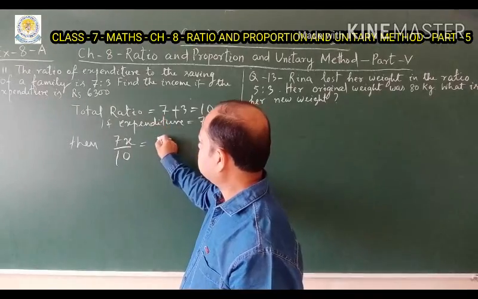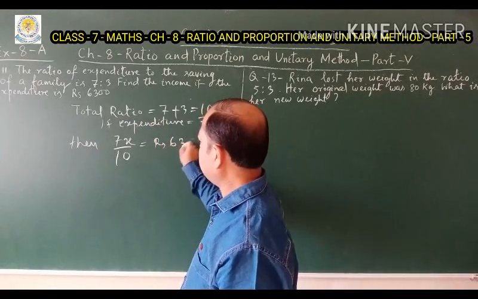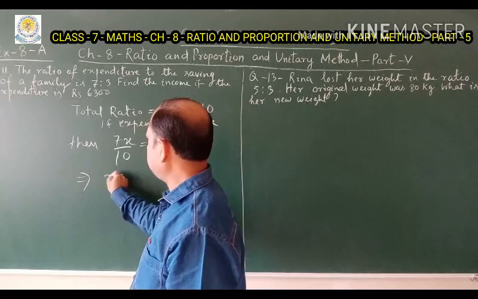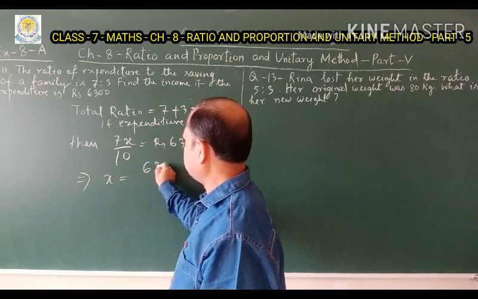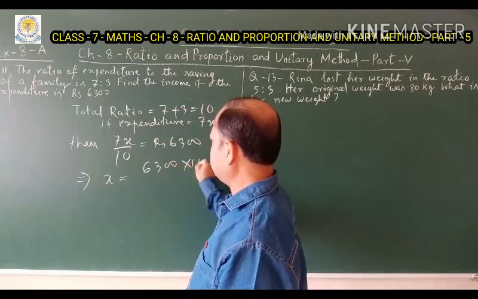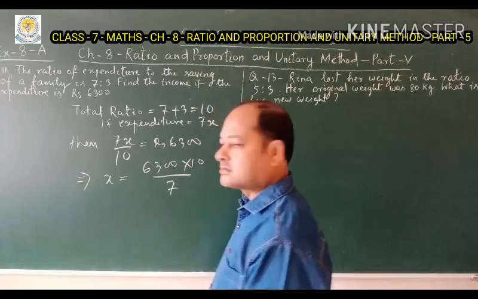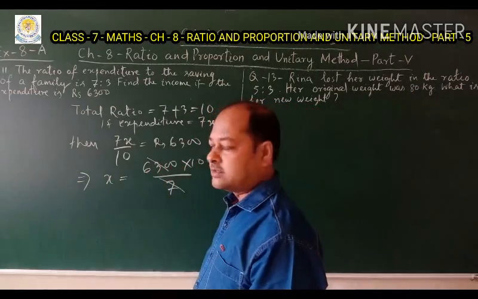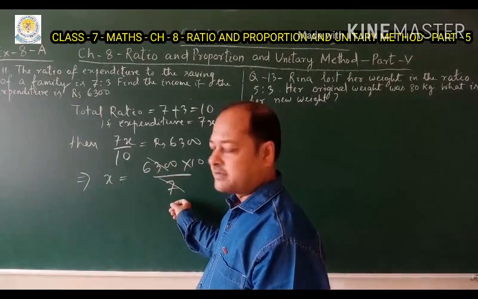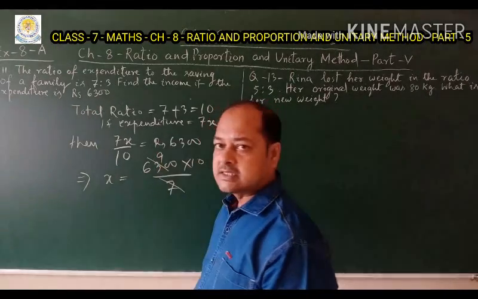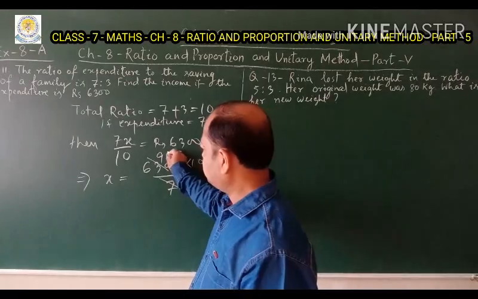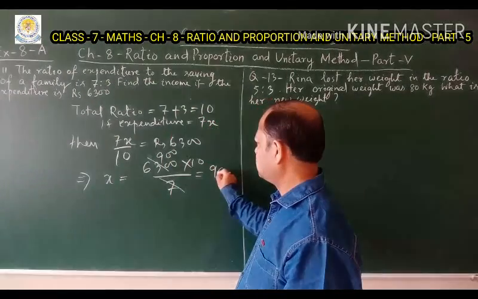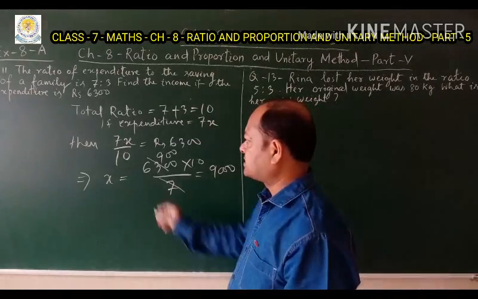That is 6,300. Or x equal to 6,300 into 10 upon 7. So if you divide 6300 with 7, 7 nines are 63, then put 00, that is equal to 9,000. So x equal to 9,000.